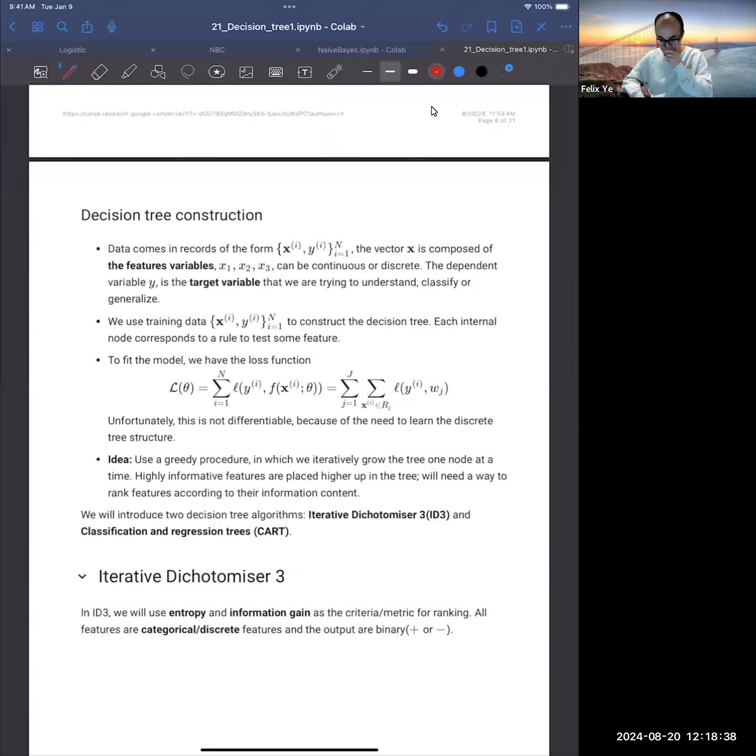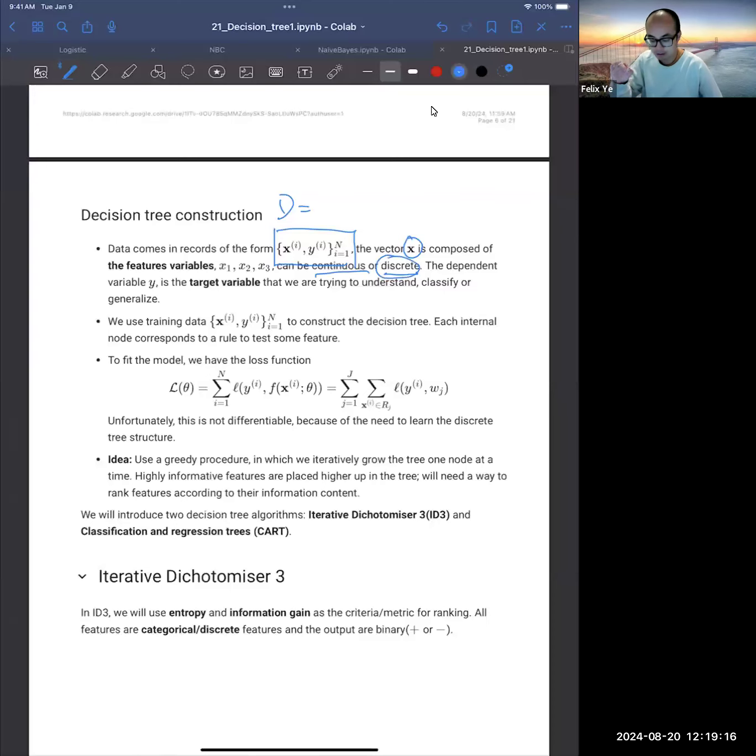Okay, so let's formulate the math a little bit. In terms of math, we still have this training data set, which is xi and yi, i from 1 to n. x is a vector. And the key here is that this x can be continuous or discrete. Previously, we always assumed x is in R^d, but in this case, x can be categorical, so this can be discrete.